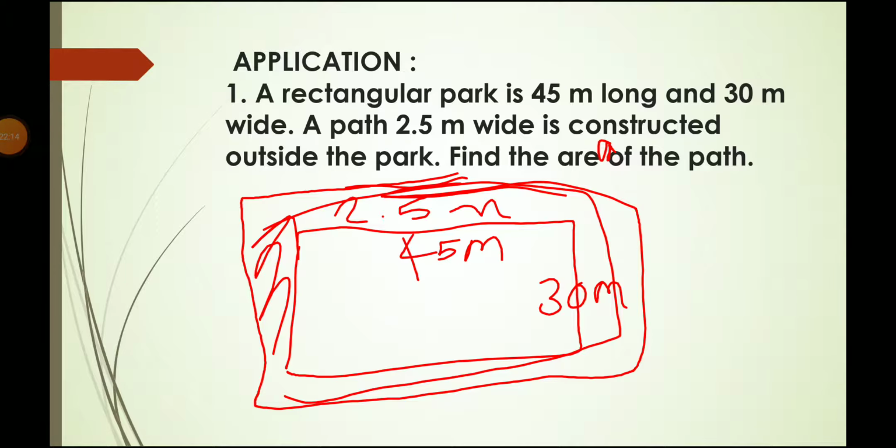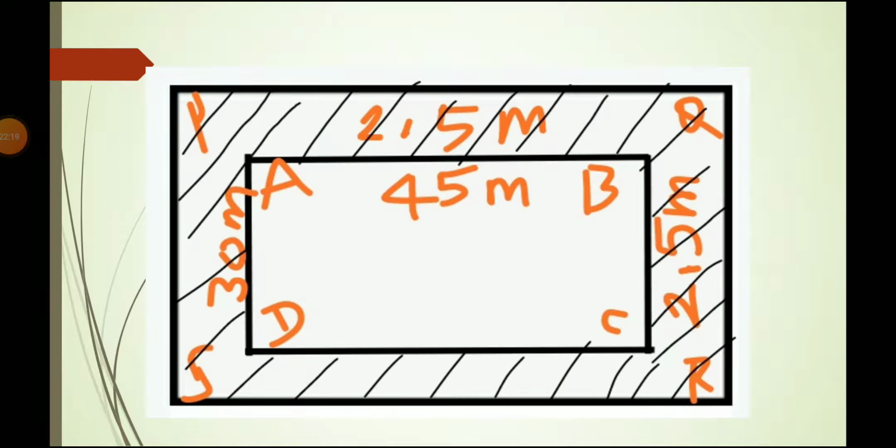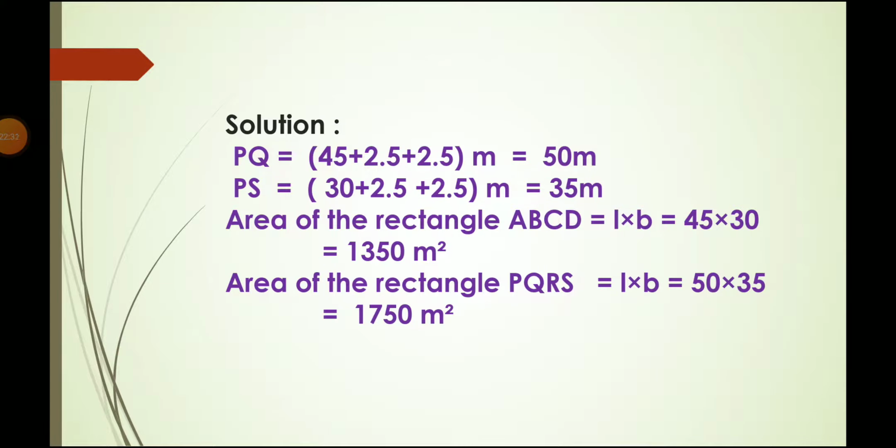See, if we construct the path outside, we should add 2.5 two times to the breadth and the length. See the solution, PQ.